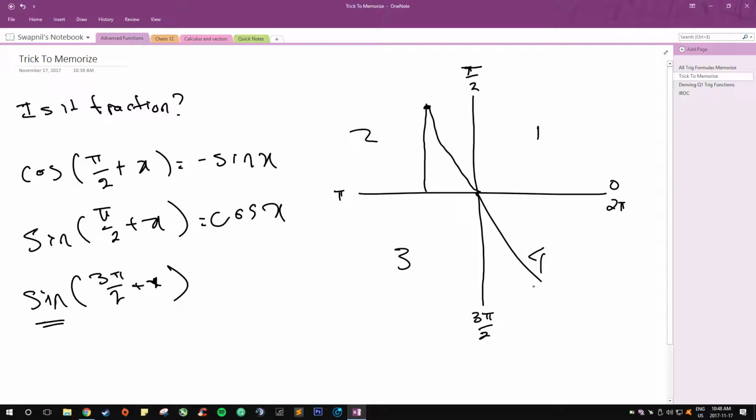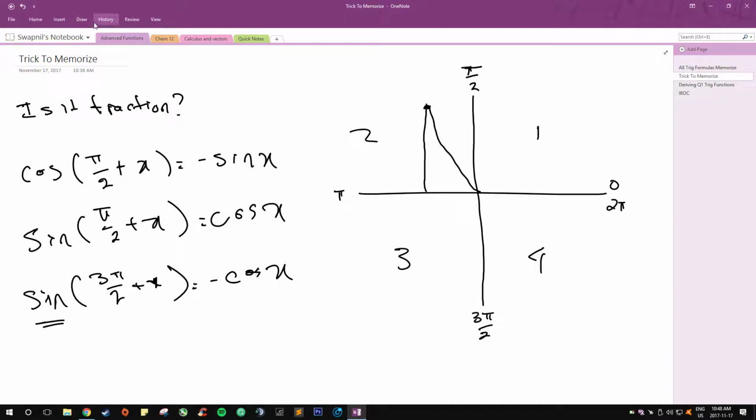And that's going to be somewhere over here, right? So what's sine in the fourth quadrant? Well, it's below the x-axis, so sine is going to be negative. Okay, that's great. Now you have a fraction here, right? 3 pi over 2. So that tells you that it's going to be the cofunction of sine. So since it's going to be negative, it's just going to be negative cos x. And that's for the fractions.